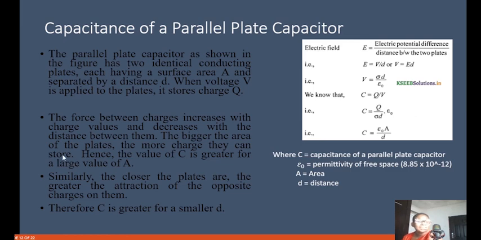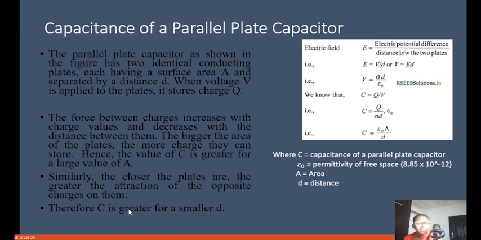Let's not forget that the capacitance of a capacitor is directly proportional to the area. A bigger area means more capacitance, more ability of the capacitor to store charges. Similarly, the closer the plates are, the greater the attraction of the opposite charges on them. So therefore, C is greater for a smaller d.